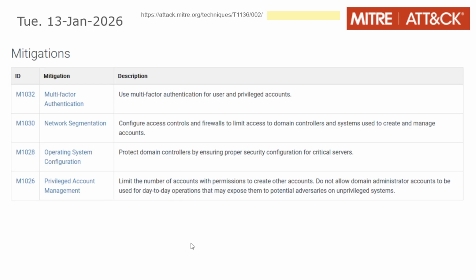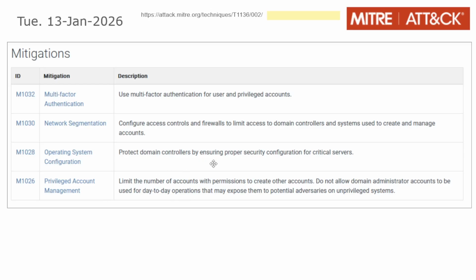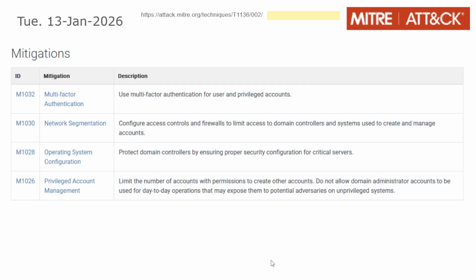Operating system configuration, so protect domain controllers by ensuring proper security. That's again hardening. And we have privileged account management. Yes. So when a domain admin account is newly created, all alarm lights should be lighting, because that doesn't happen often. And if you didn't hire a new administrator who needs that, well, that's concerning then.